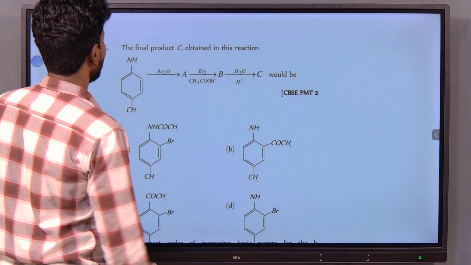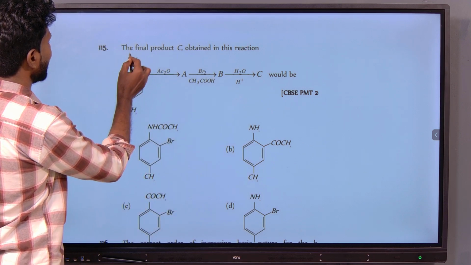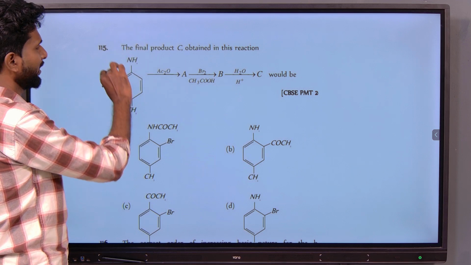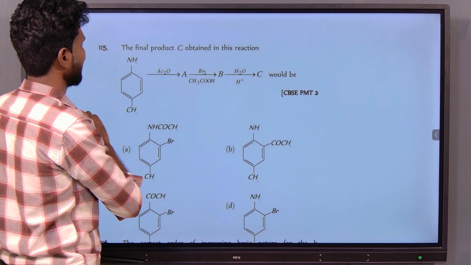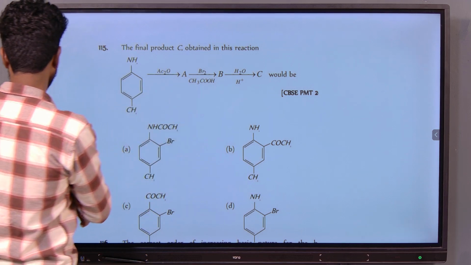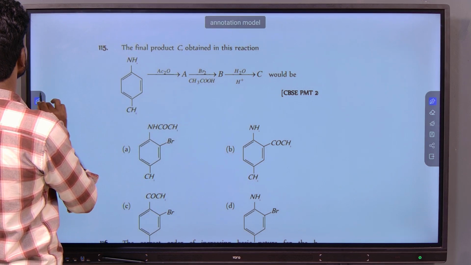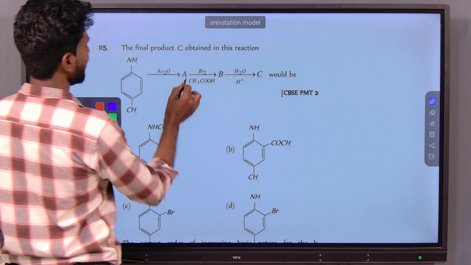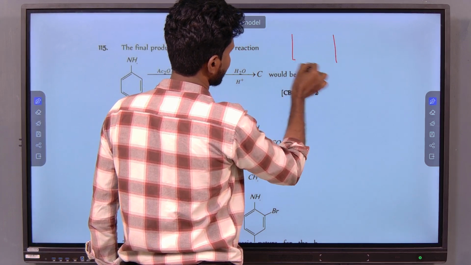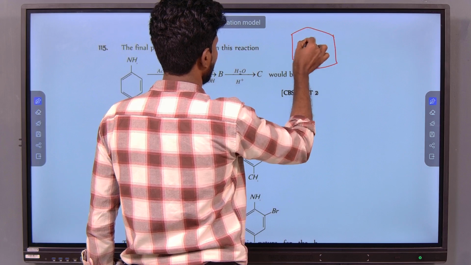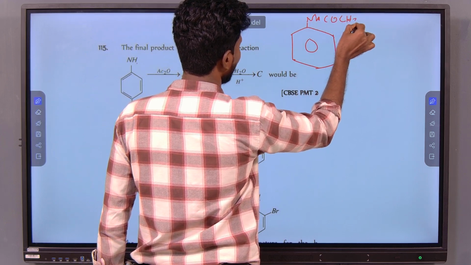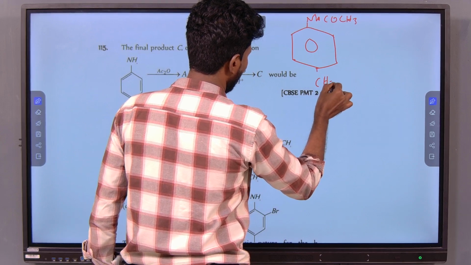See here. First of all, we have to protect this group, otherwise it also gets brominated. So we add acetic anhydride. The product is NHCOCH3. I will call this A. We have to protect the amine group.